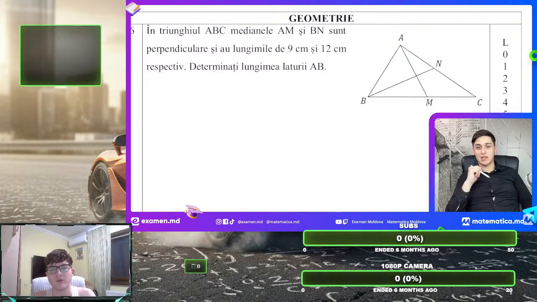Well, I think we have to first find what is A. When AM and BN are perpendicular, at that intersection spot we place O, and we're going to find BO and AO, and thus find AB from Pythagorean. So, yeah. 9, 12, and so on. Yeah, this one's a bit hard.